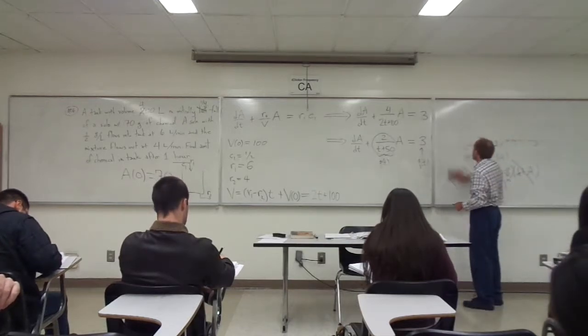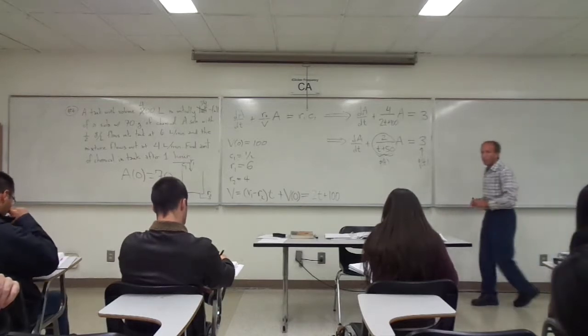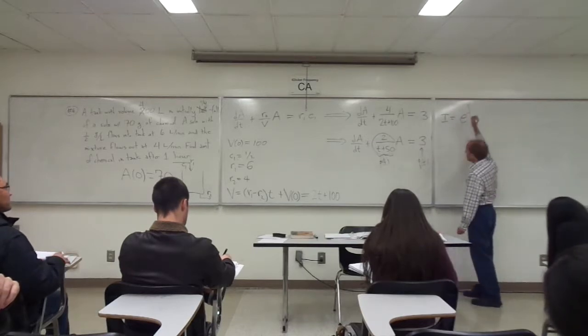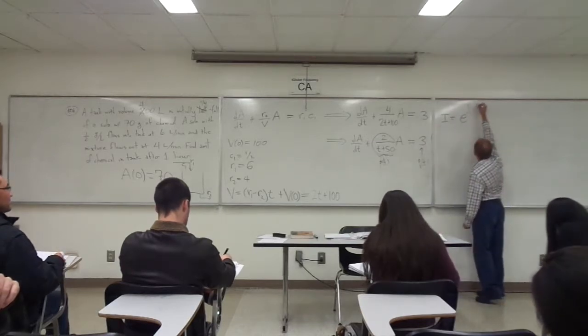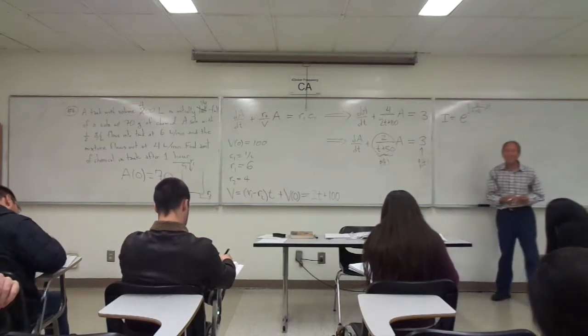Right, the integrating factor, exactly, good. Okay, so let's find the integrating factor. This is one of the formulas on the list that we put together earlier. So it's e to the integral of the P of T, which is 2 over T plus 50 dt, right?